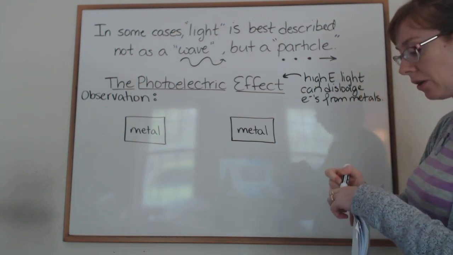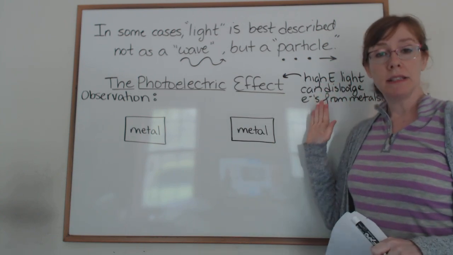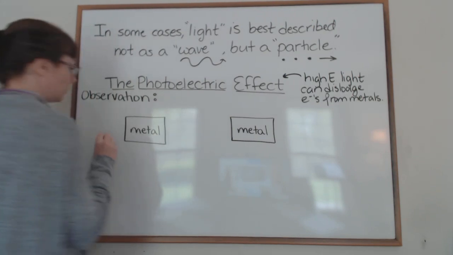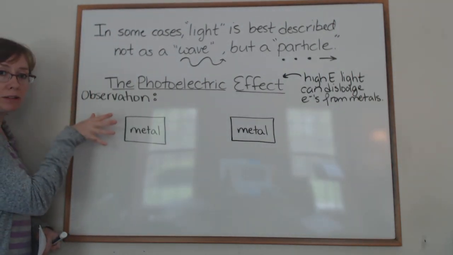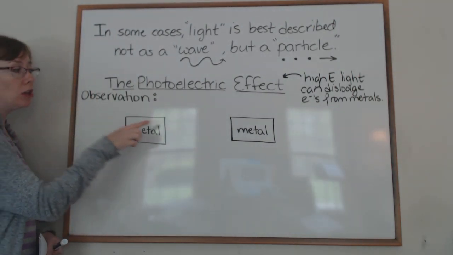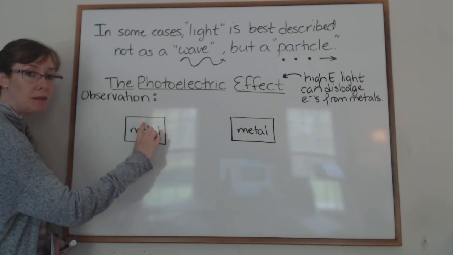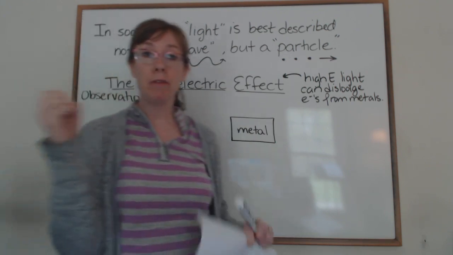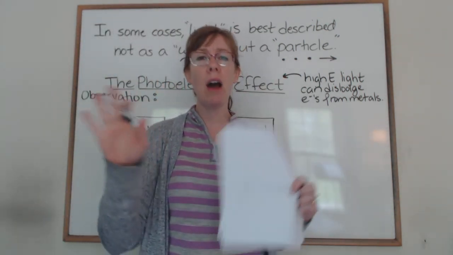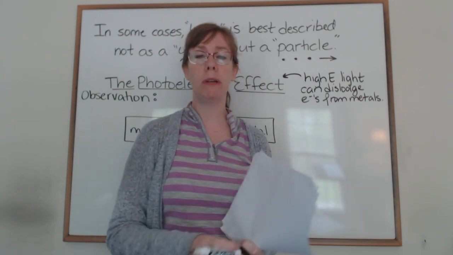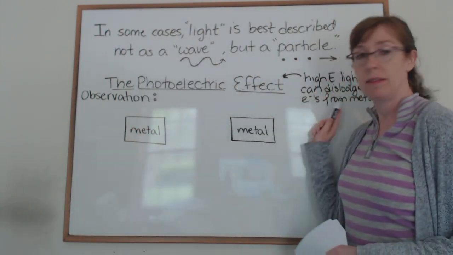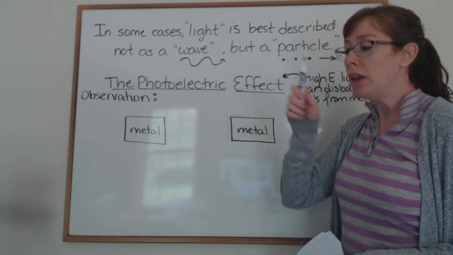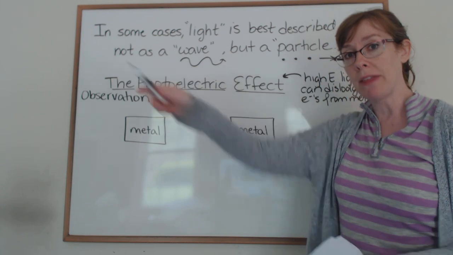Scientists discovered a long time ago that if you shine high energy light on a metal, electrons will actually leave the atoms of the metal and get dislodged, becoming free from the atoms. How all of that happens we can put aside for now, but understand that they discovered this strange phenomenon that if you shine high energy light on the metal, you can get the electrons to jump off the atoms.